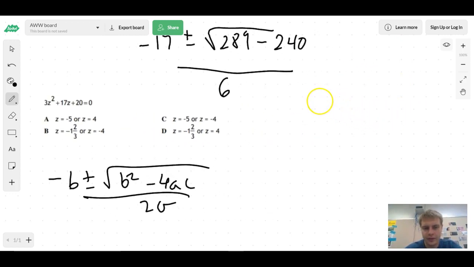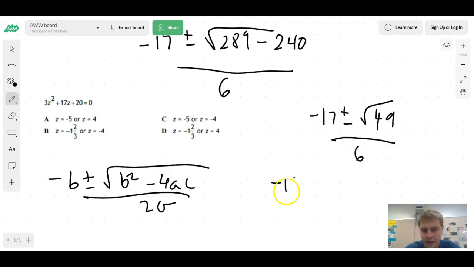Well, now, what that's going to equal is negative 17 plus or minus the square root of 289 minus 240, which is 49. So that's going to actually become a nice number. And the square root of 49 is 7. So we're going to get negative 17 plus 7 over 6, and we're going to get negative 17 minus 7 over 6.